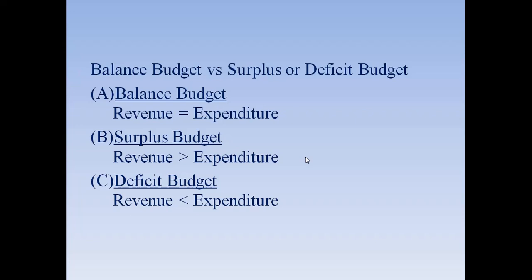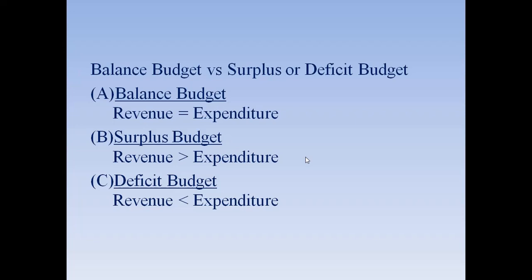Now in the surplus budget, what happens? As the name suggests, you are a commerce student, you already know this part. In case of surplus, the income will be more than your expenditure, right? So when the revenue is more than expenditure, the budget is called a surplus budget.